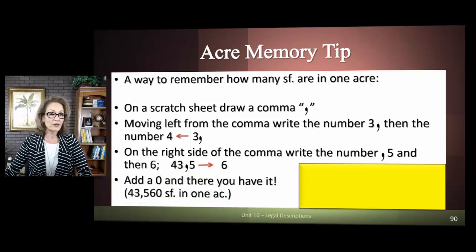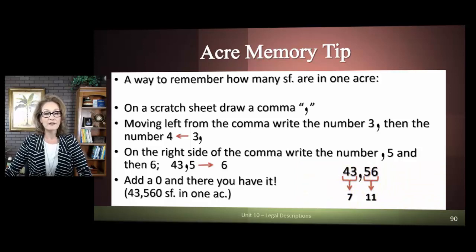Add the 0 and there you have it. 43,560 square feet are in 1 acre. You can double check yourself by adding the 4 and the 3 together and the 5 and the 6, and you'll get 7 and 11. Also, a cute little saying that you might remember is 4 little old ladies driving 35 in a 60.